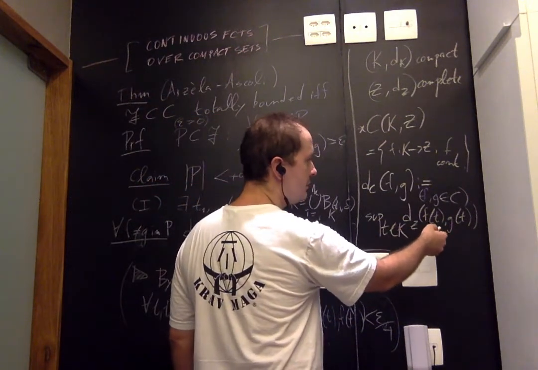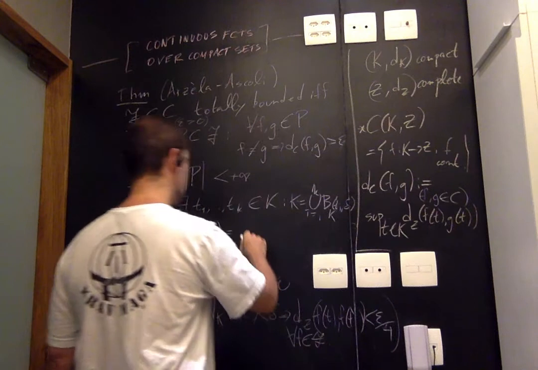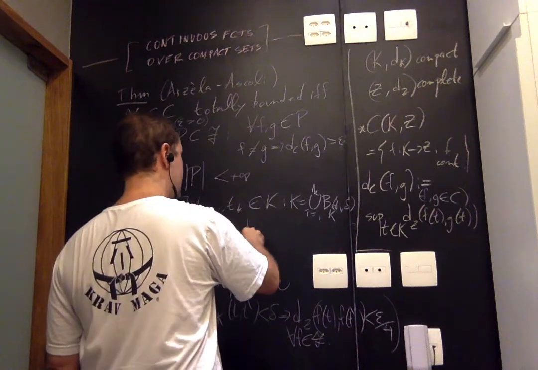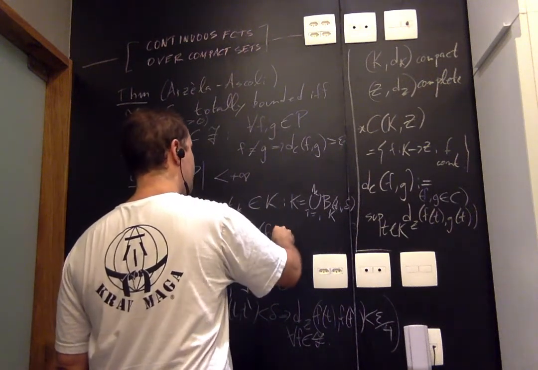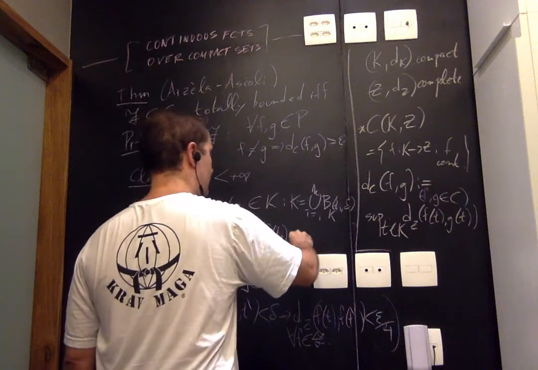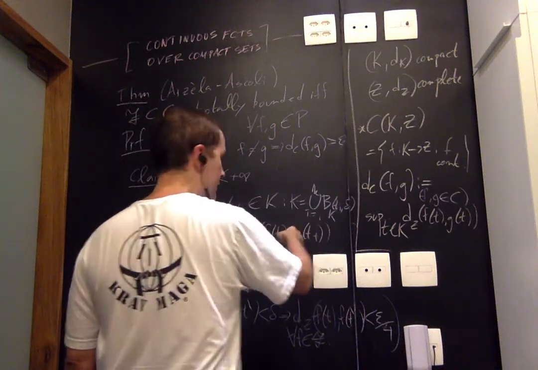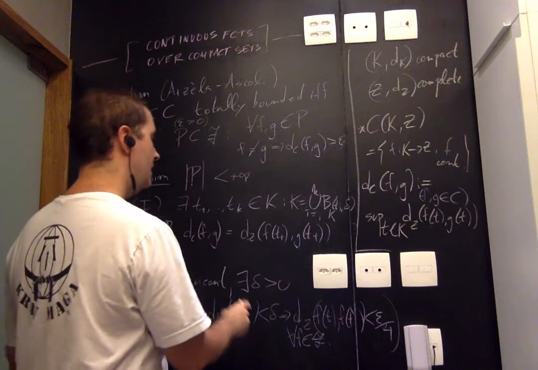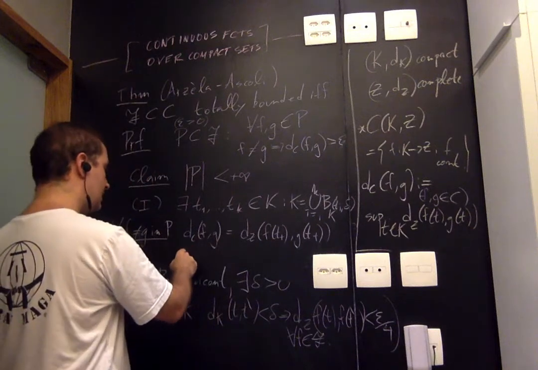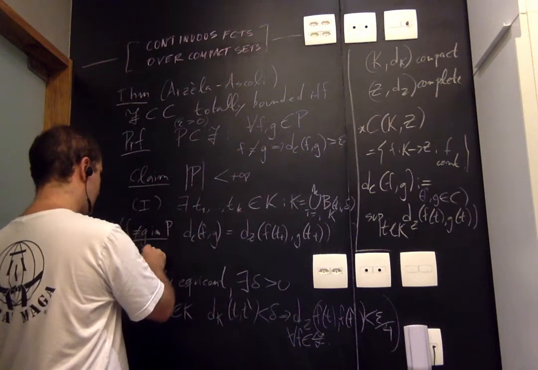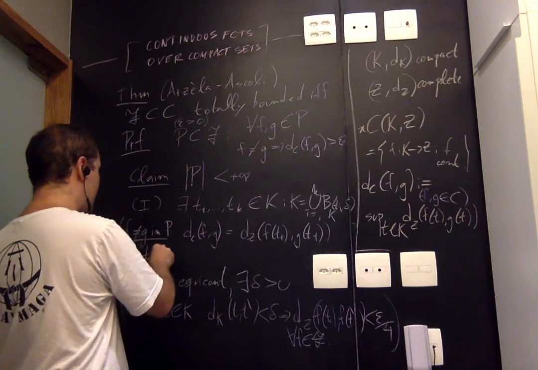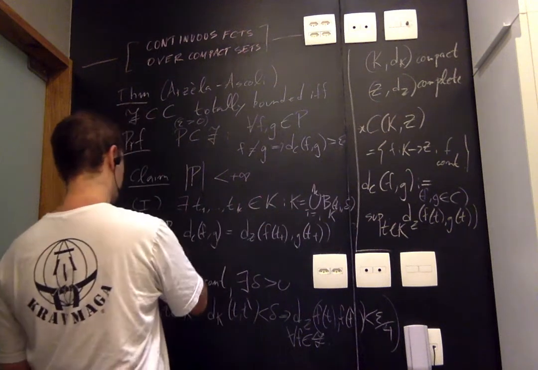We actually argued that in the previous video. So this is d_Z of f(t+), g(t+), for some t+. And now I notice that t+ has to belong to one of these balls, right?